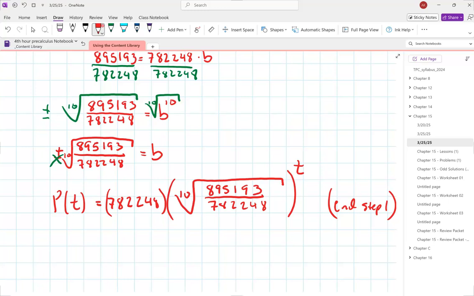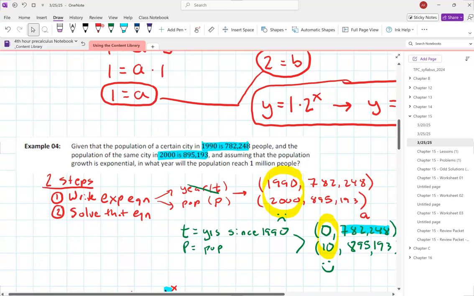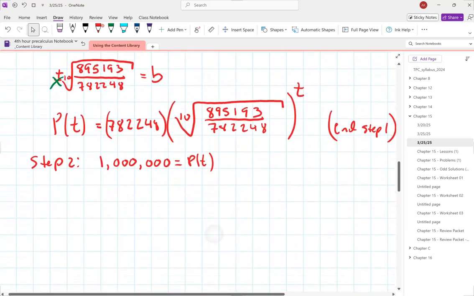Now, step 2, we want to solve $1 million is equal to P of t. Remember, the question was asking us, in what year will the population reach 1 million? So we're solving P of t equal to 1 million.